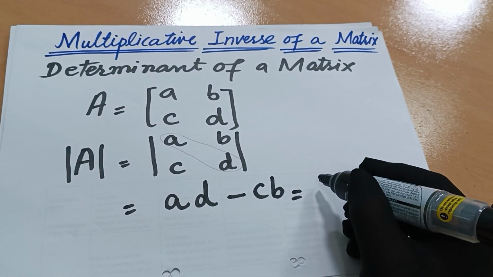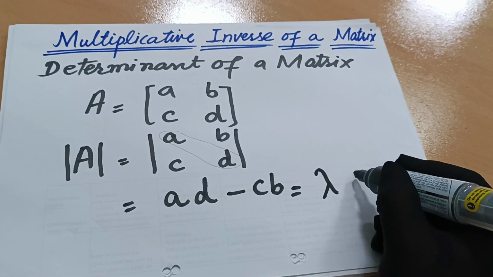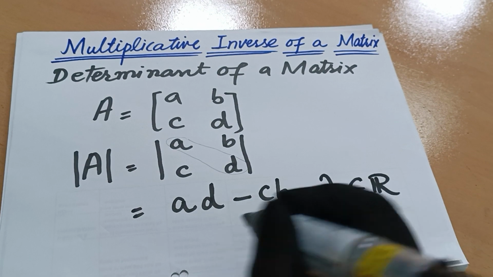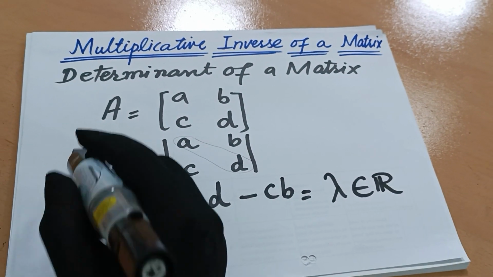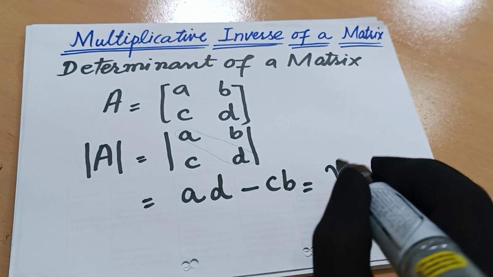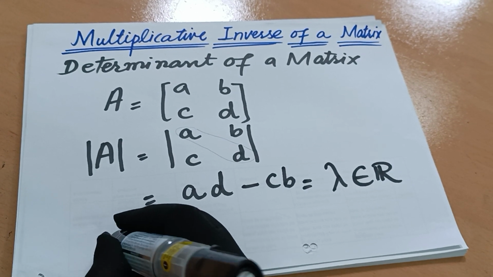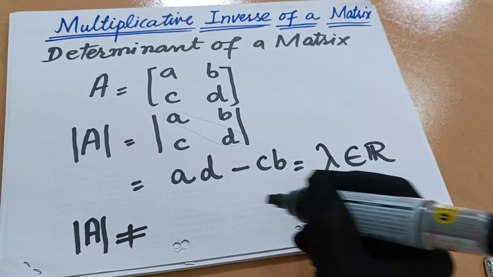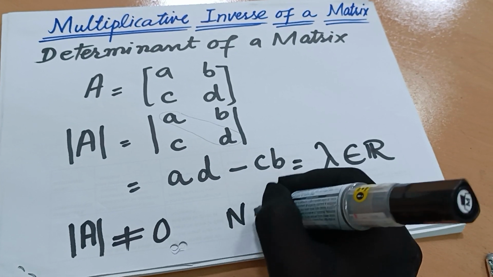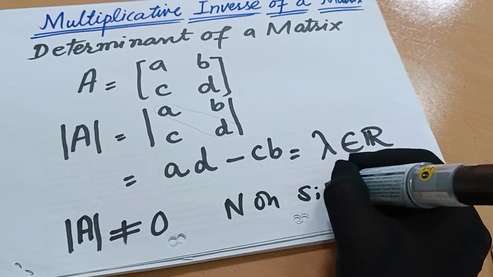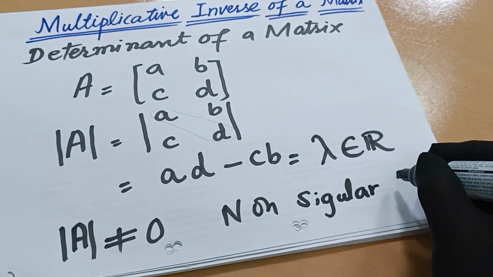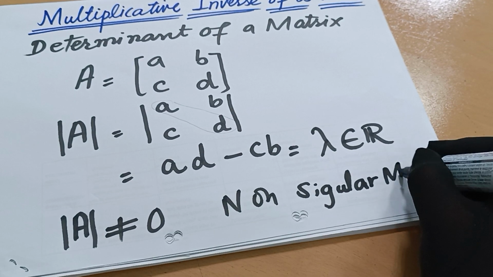Suppose I call that scalar number lambda, and it should be a real number. If the determinant of A, or of any matrix, is not 0, then it is a non-singular matrix.